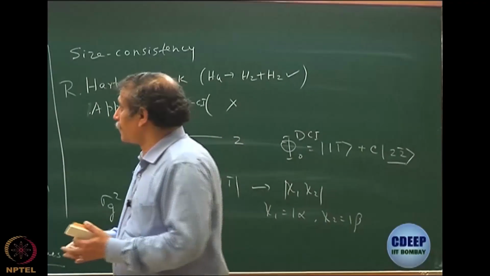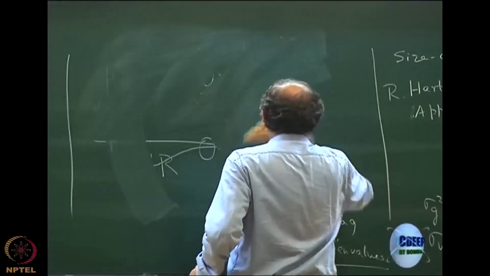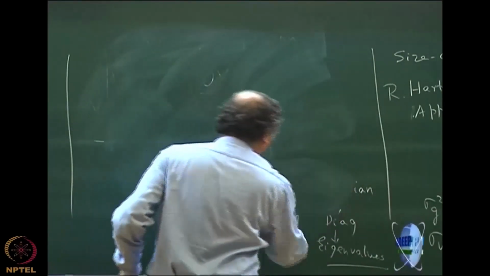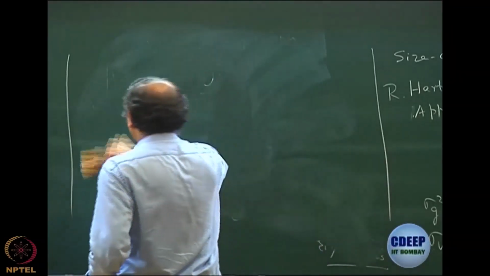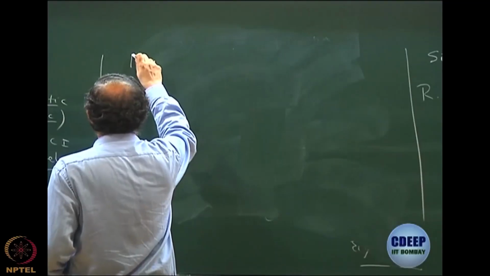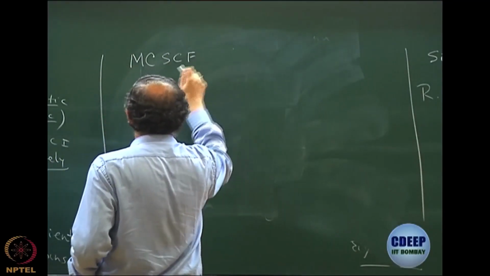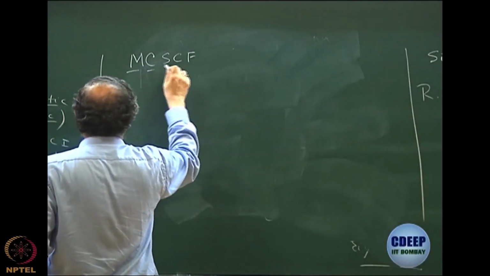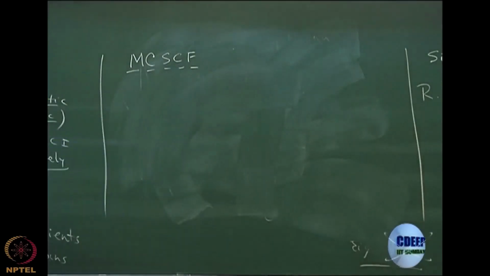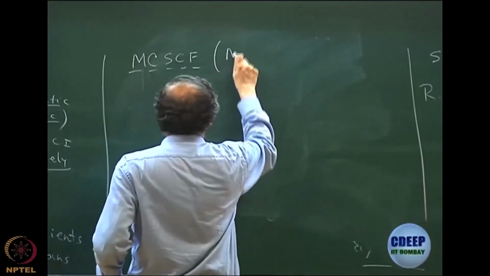Alright. So, apart from perturbation and CI, we said that we are going to cover, at least mention the names of a few more methods. One of the important methods is what is called the MCSCF. I think the name itself is clear. It is the multi-configuration self-consistent field theory.